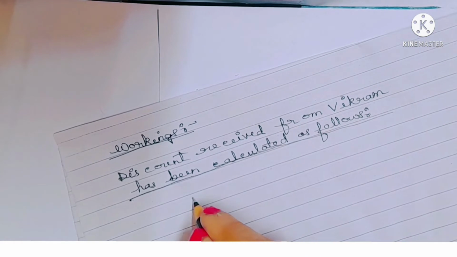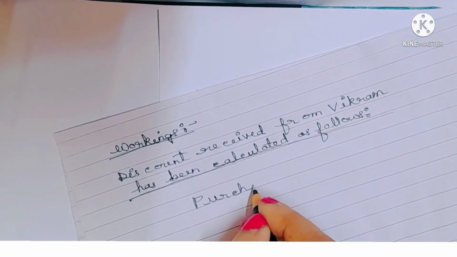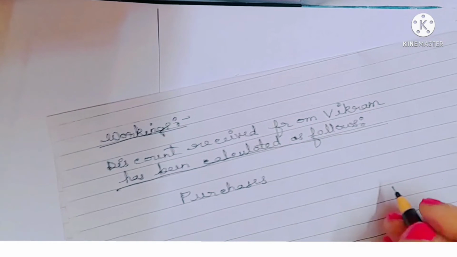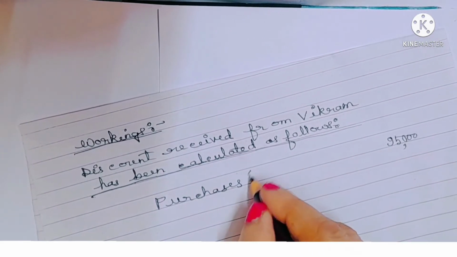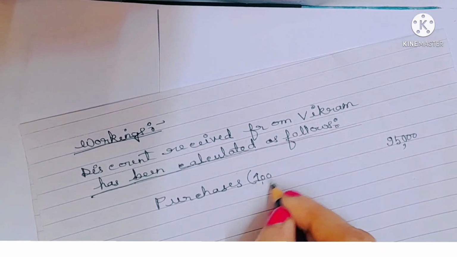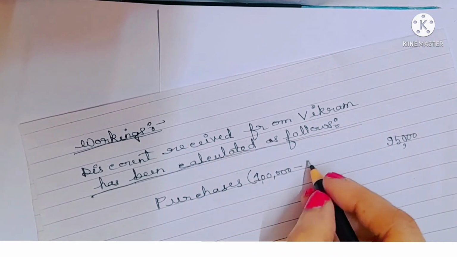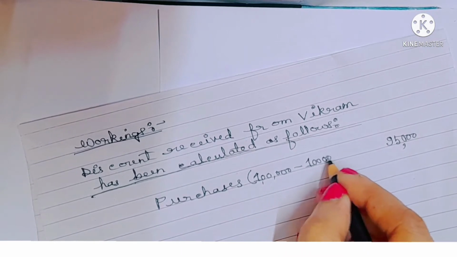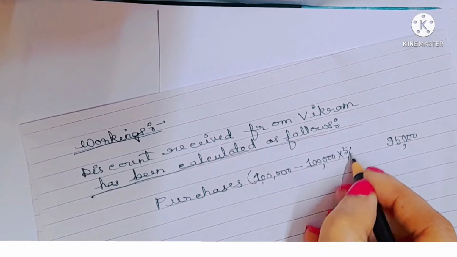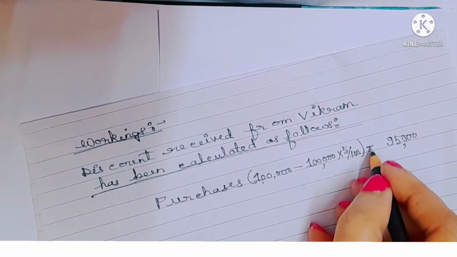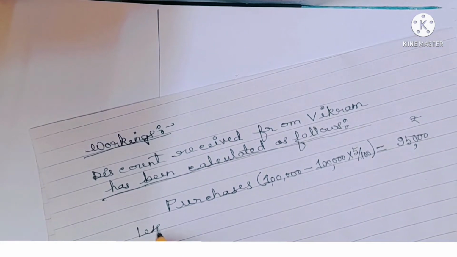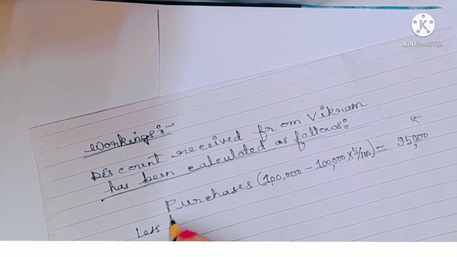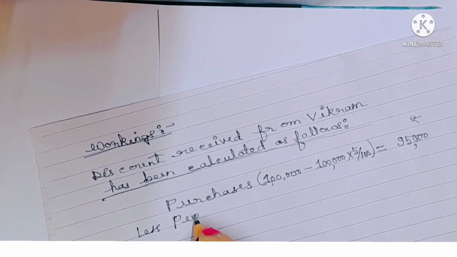Purchases 95,000. Remember, we purchased goods from Vikram, 1 lakh list price minus 5% trade discount, so it comes to 95,000. Less, we returned goods to Vikram.